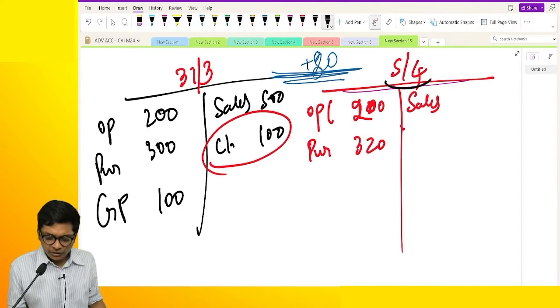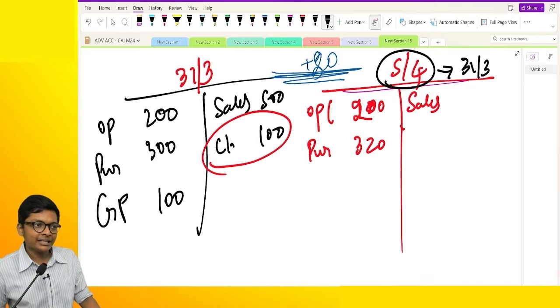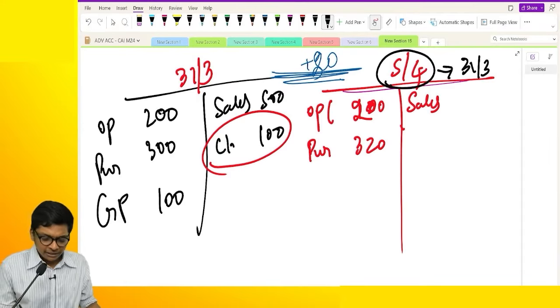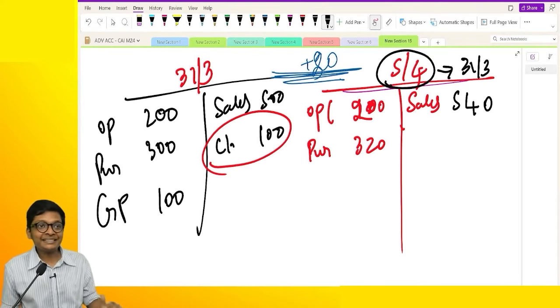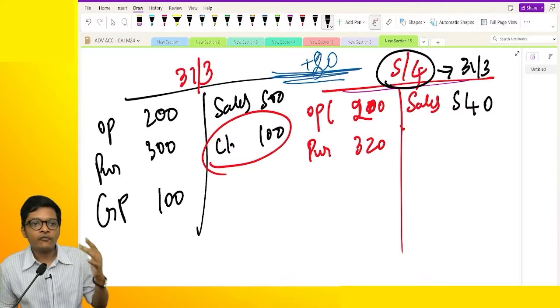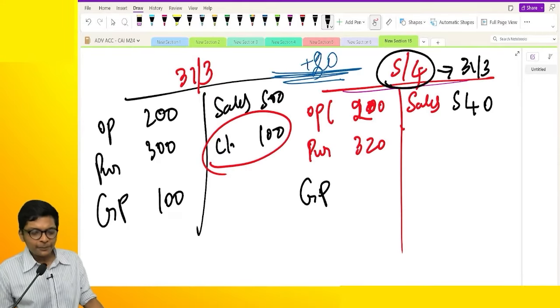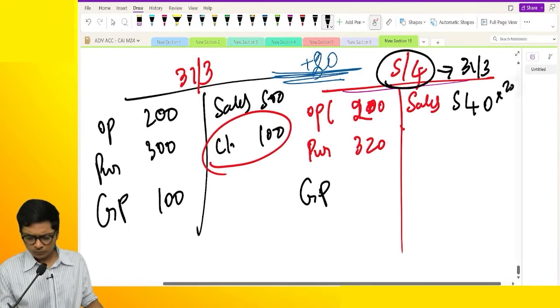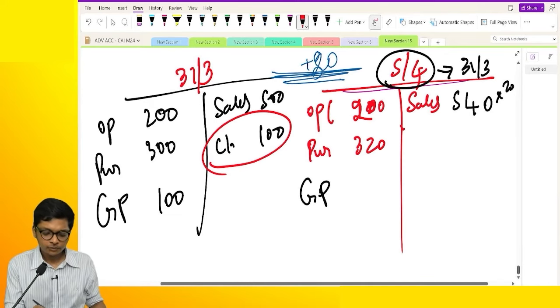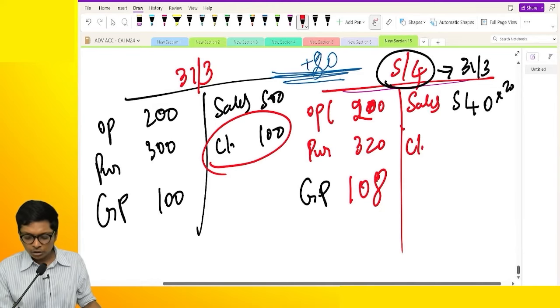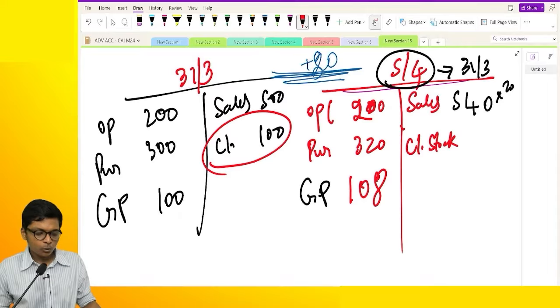Let's say this is on 5th April, inclusive of 31st March data. Are you following, guys? So opening stock 200, purchases 320. Assume sales is 540; I sold another 40 in 5 days. What is my GP? 20% of 540, how much, guys? 108. Got it, guys? What is my closing stock?